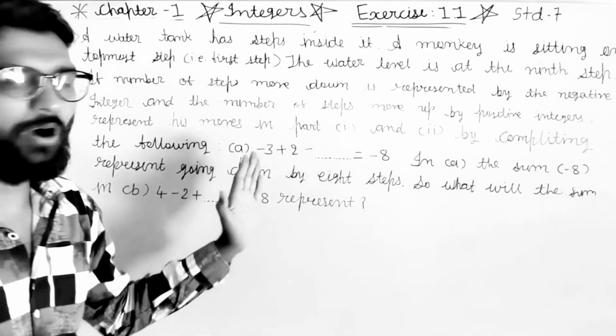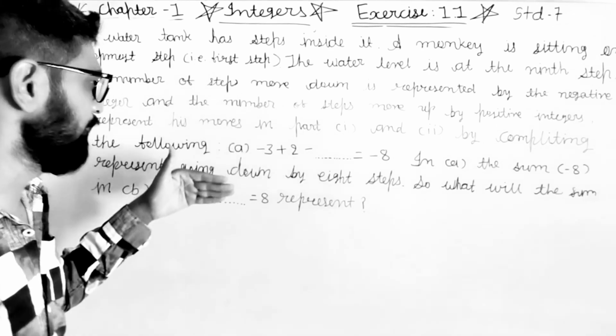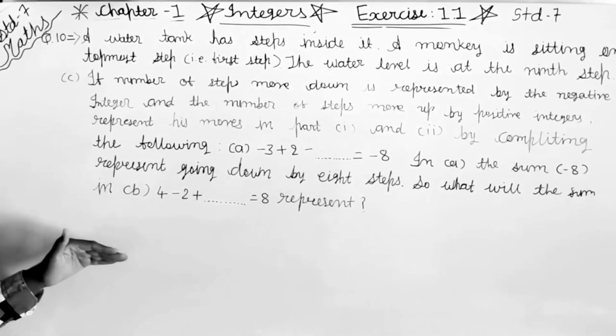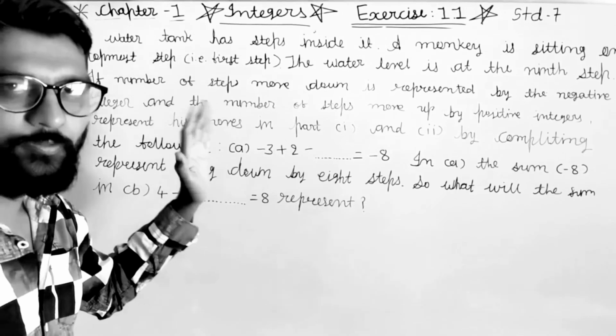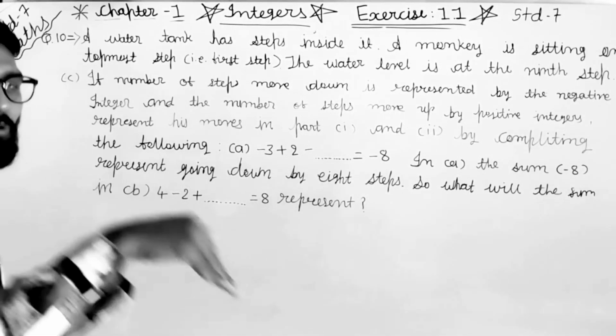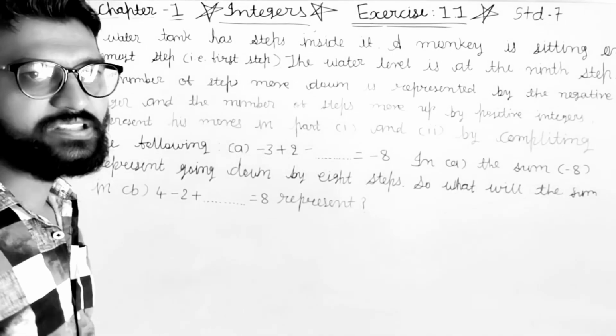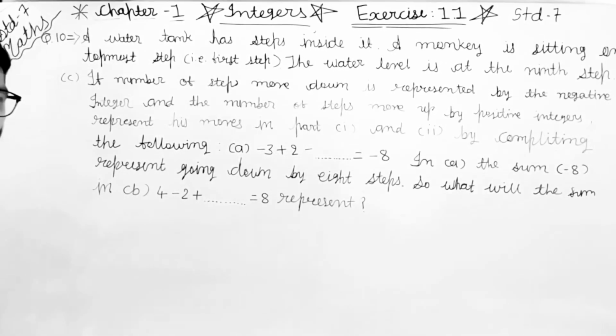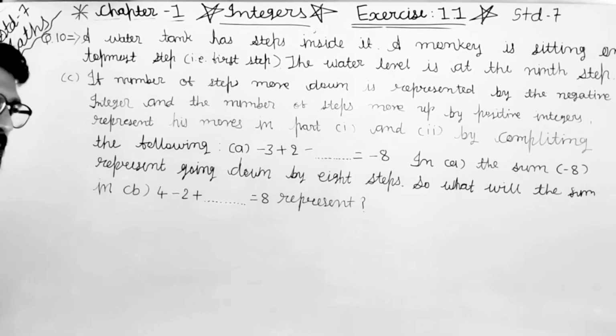We all know that in the first question, in part A, the monkey goes downwards, minus 3, and he comes upwards, plus 2.